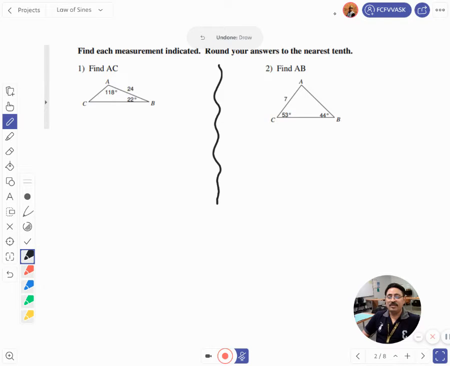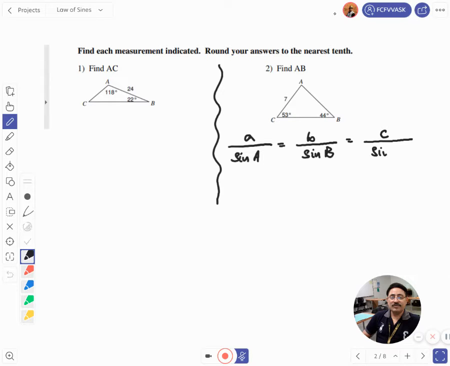The numerator is a over sine A equals lowercase b over sine B equals lowercase c over sine C. Please remember, the uppercase letters indicate the angles and the lowercase indicate the sides.